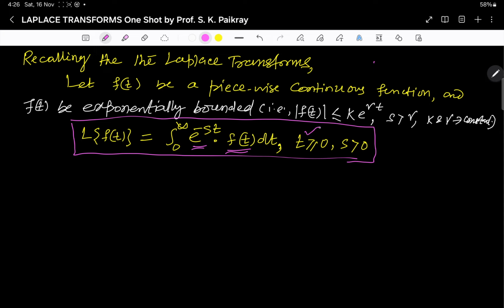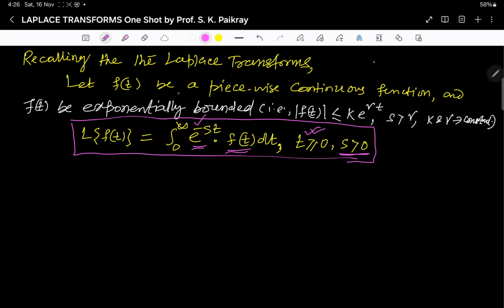Right? t is the time variable, it is positive, and s is a parameter. It is greater than 0, to make this negative time sign make sense. However, in the broad sense, s may be a real or complex variable, but here we are discussing the real sense.